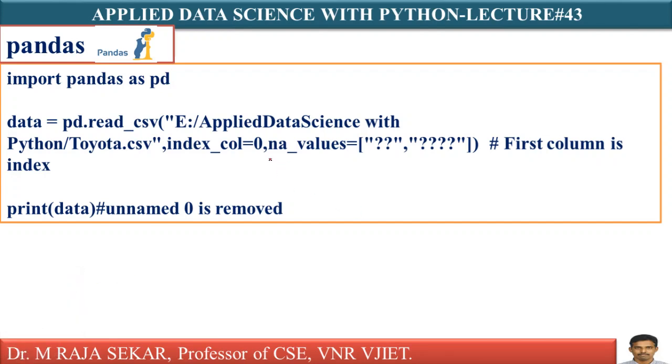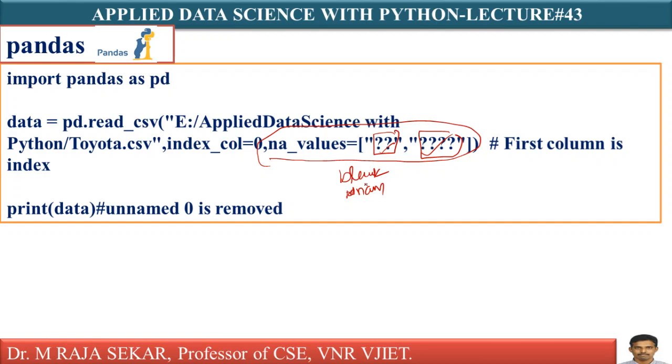Just see, NA underscore values. In a list, I am providing this double question mark and 4 question marks. What does it mean? Wherever this double question mark and 4 question marks appear in this particular data frame, they will be replaced by blank symbols. Blank symbols will be assigned nan values by Python.